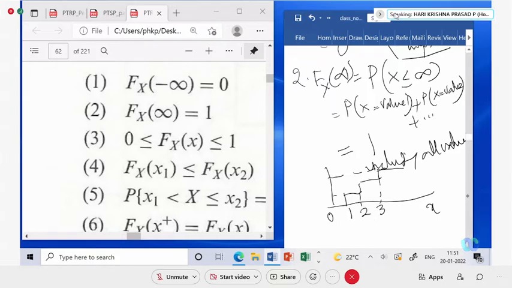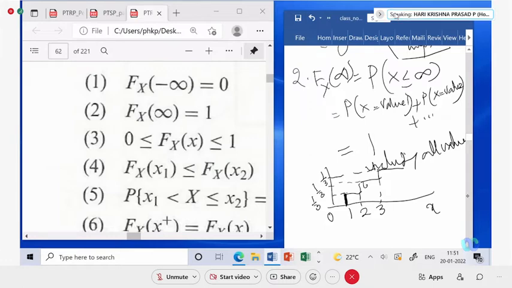If the probability of occurrence of 1 is 1/3, probability of occurrence of 2 is 1/3, probability of occurrence of 3 is also 1/3. Since the distribution function is a cumulative distribution function, whatever exists at that instant and before that instant should be included. See, x equal to 1.